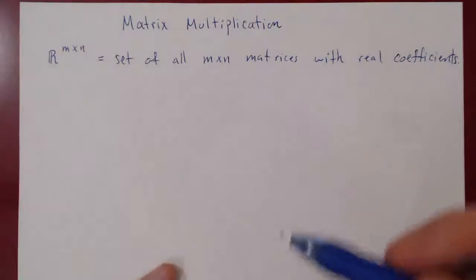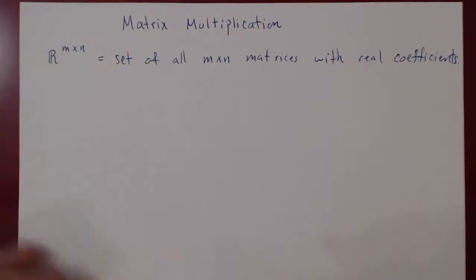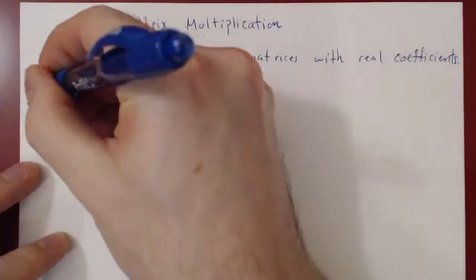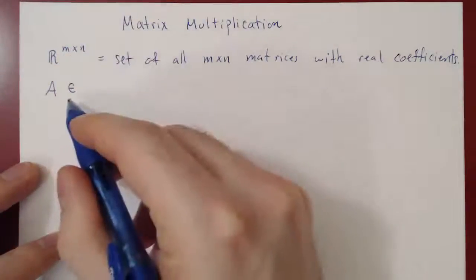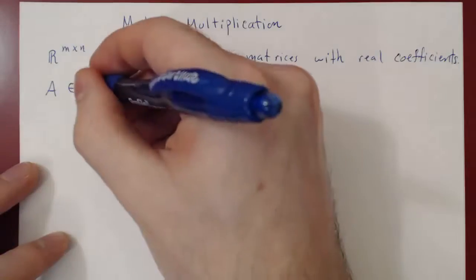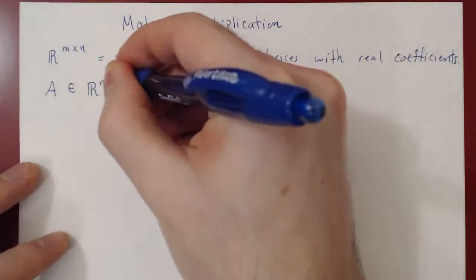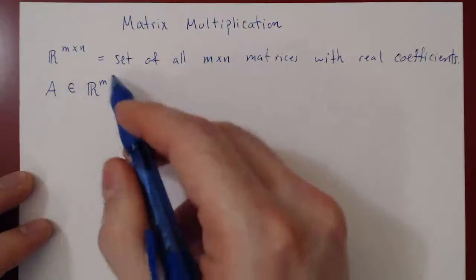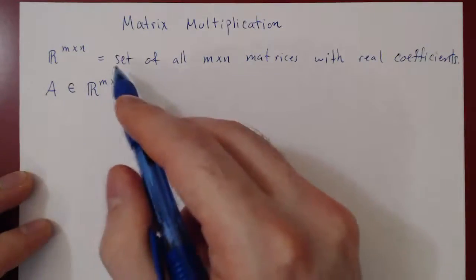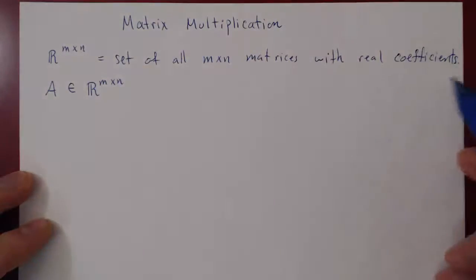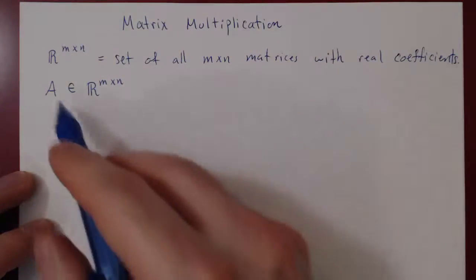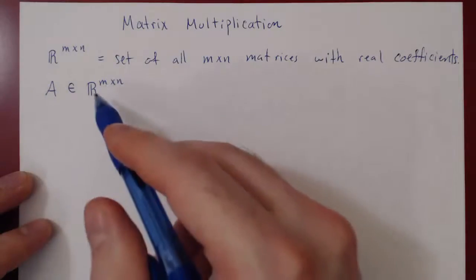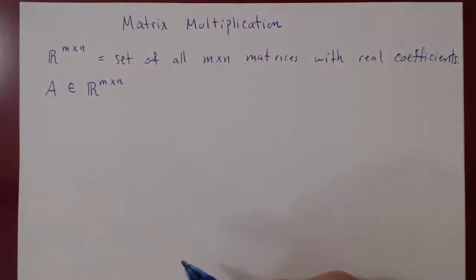So instead of writing, say, if you take a matrix A, instead of writing "A is an M by N matrix," we will simply write A belongs to, this is the symbol "belongs to," the set R^(M by N). So this means that A is an element of this set. This is the set of all M by N matrices with real coefficients, with real entries. And so if A belongs to this set, A must be an M by N matrix with real entries.